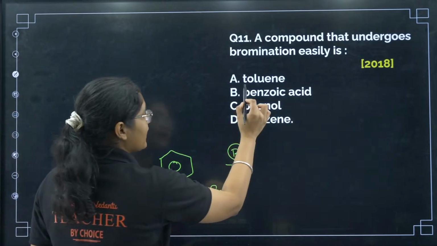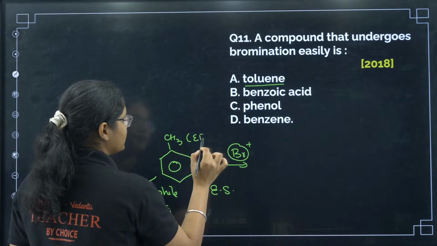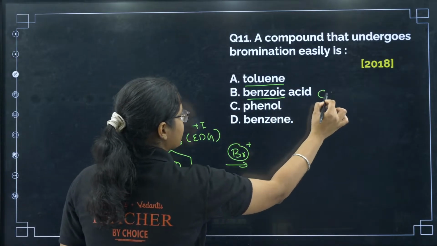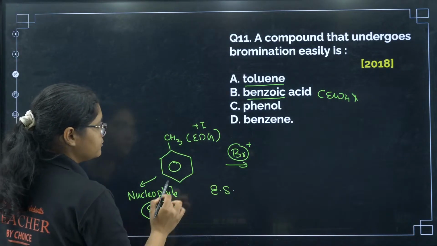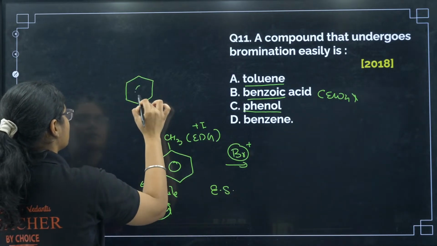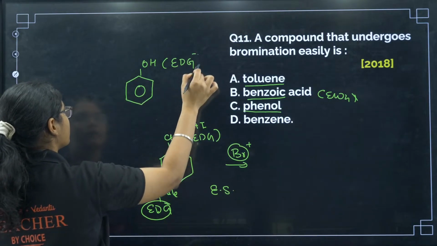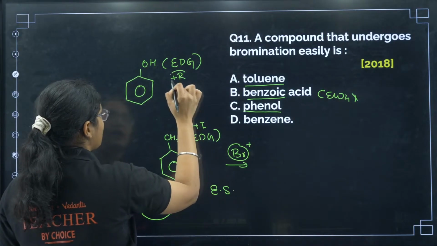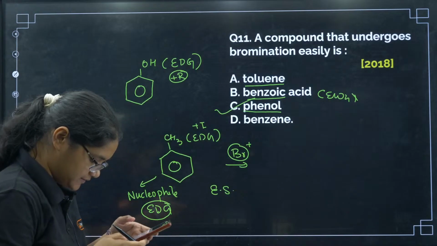So if I have toluene, CH3, this is also an electron donating group, but it donates by plus I effect. Benzoic acid is an electron withdrawing group, so we don't have to consider it, we have to see electron donating groups. Phenol is having this benzene ring with OH group. So this is an electron donating group, and it donates electrons by plus R effect. So that is why the correct answer here will be option number C.